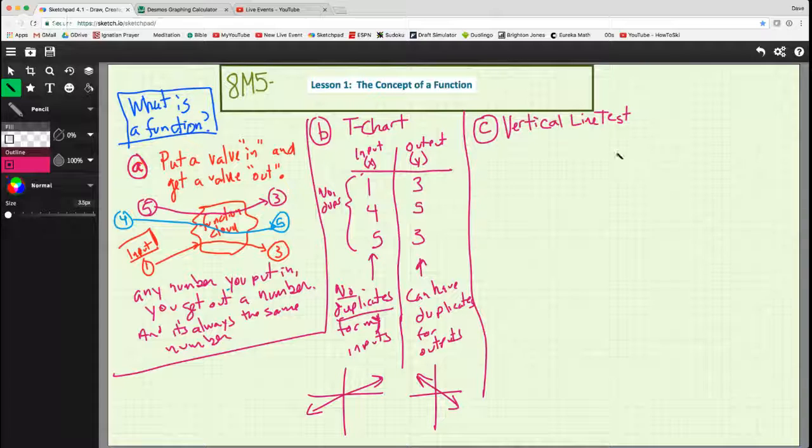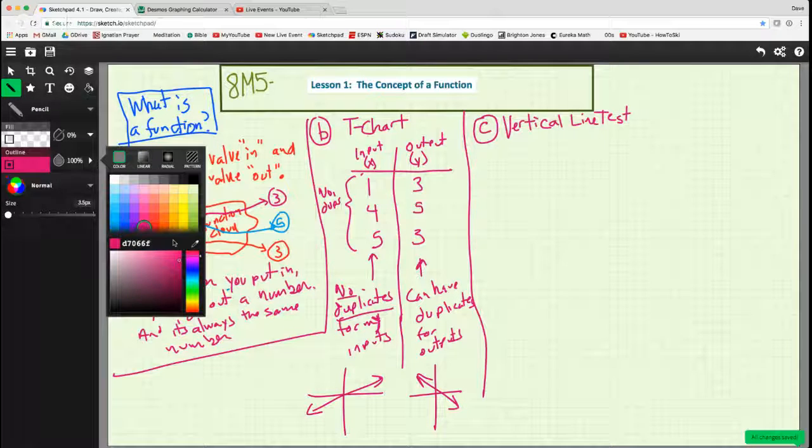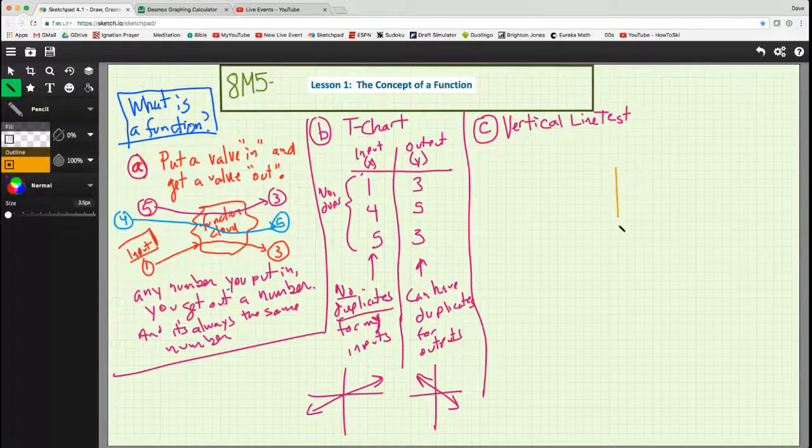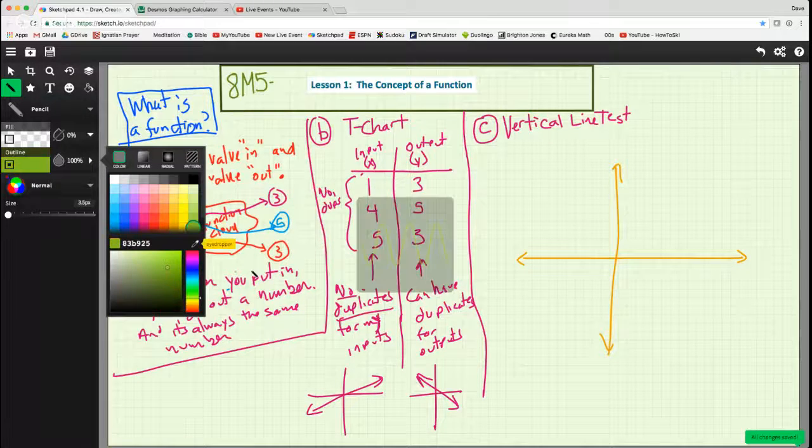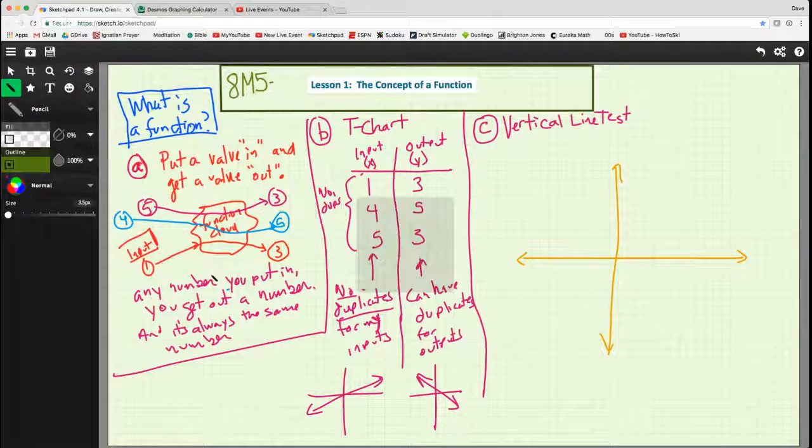So the idea is if I have my graph and I have a line like this, the question is, is this a function?